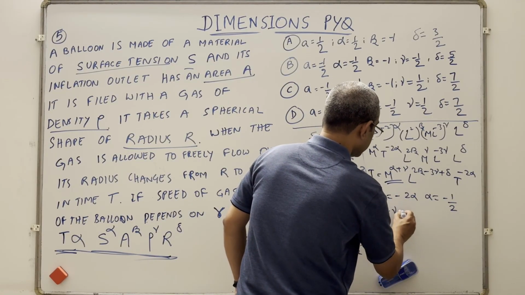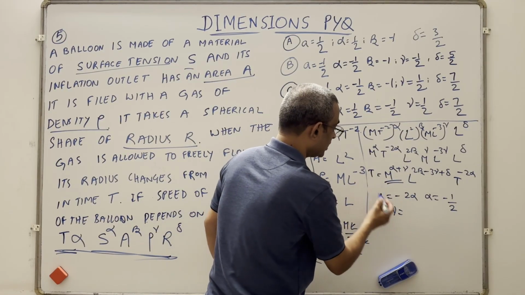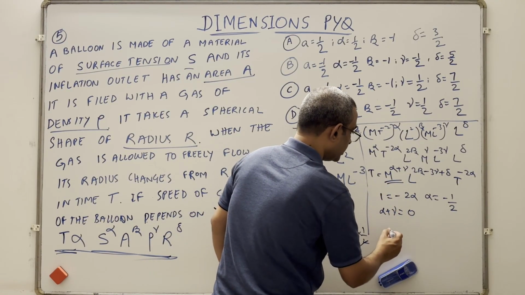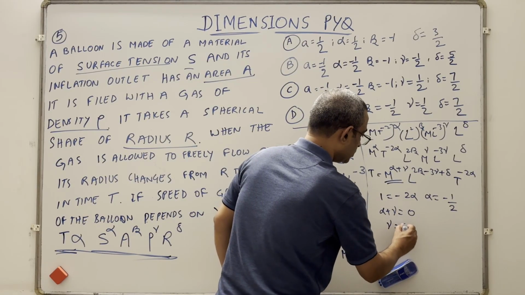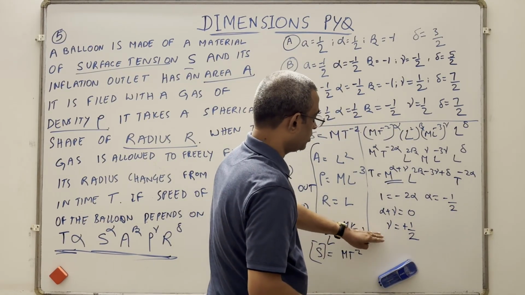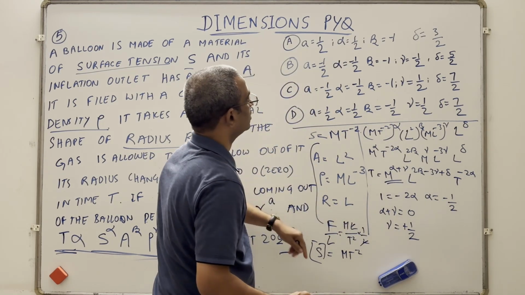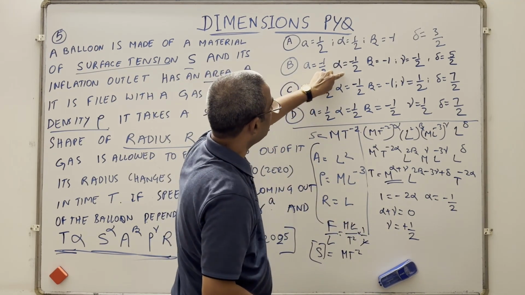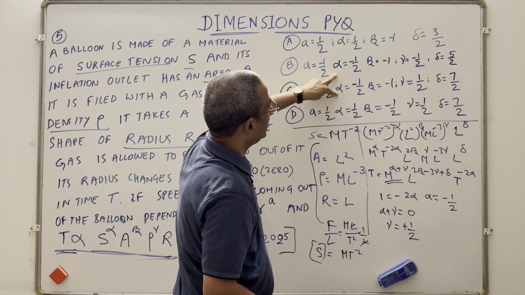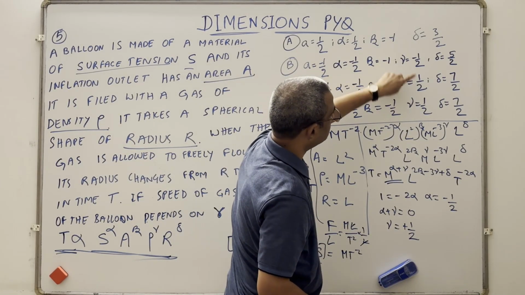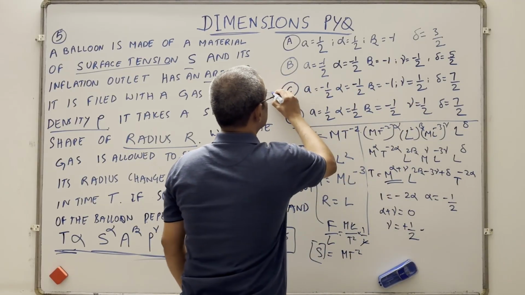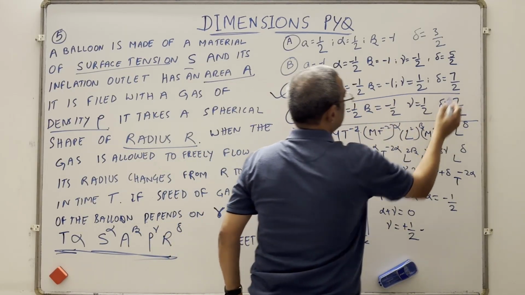There is no M power on the left side, so we have M power 0. So alpha plus gamma is 0, and since alpha is minus half, gamma is equal to plus 1 by 2. If you look at these options here, we have alpha equal to minus half and gamma equal to plus half. So this fits our answer.